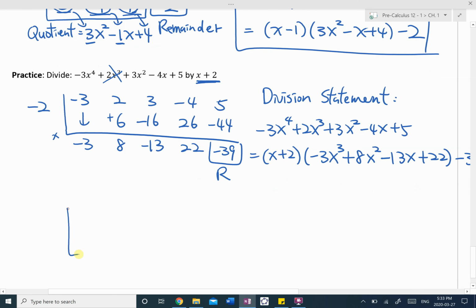Well, in that case, you do the same thing. Just like what we did with long division, you just put a 0 there instead. And you do the same thing as usual, as if there was a number, but it's just a 0 instead. So really nothing different, you just put a 0 there.